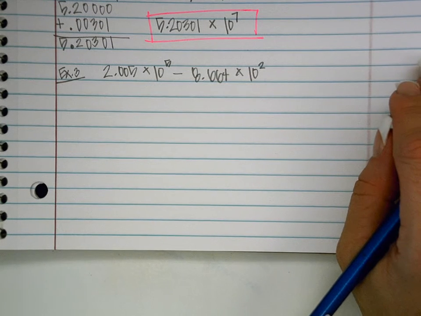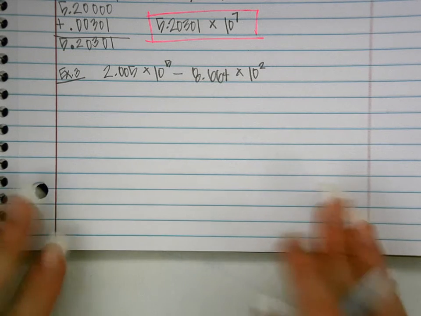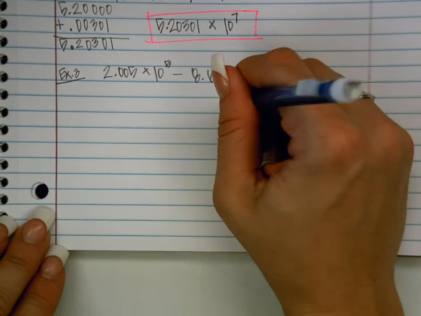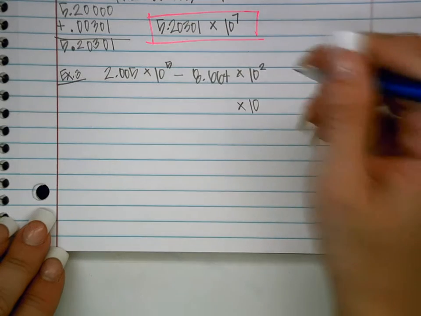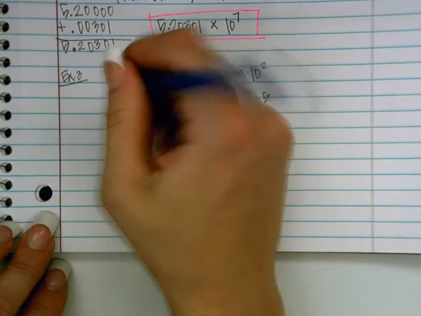So for this one, which one needs to change? The first one or the second part? The second part, and I need to make it a power of what? I need to make it a power of 5 because you're always going to go to the bigger one. So this one we're just going to rewrite.